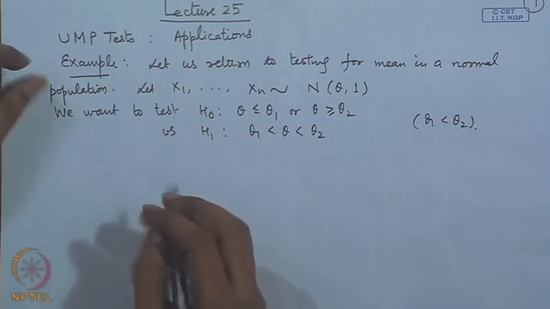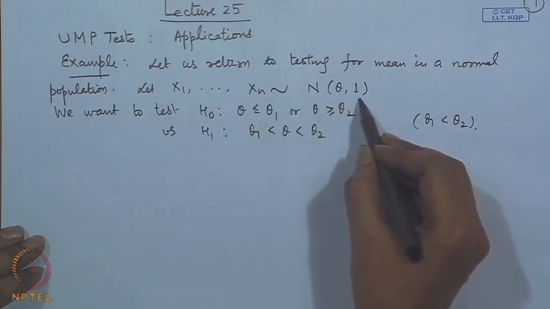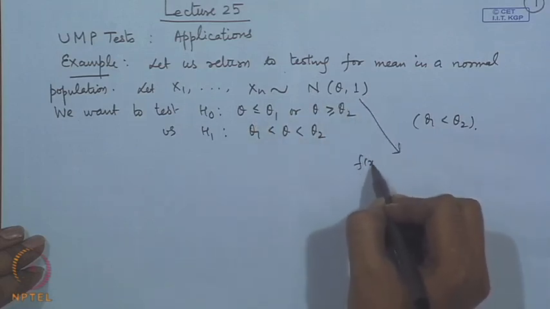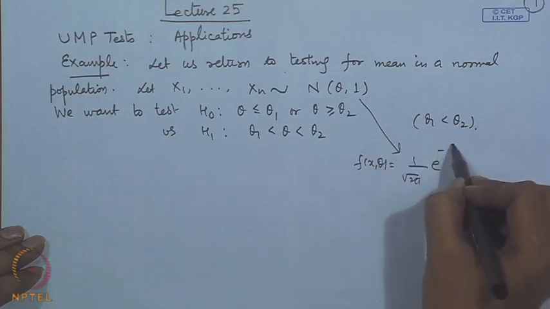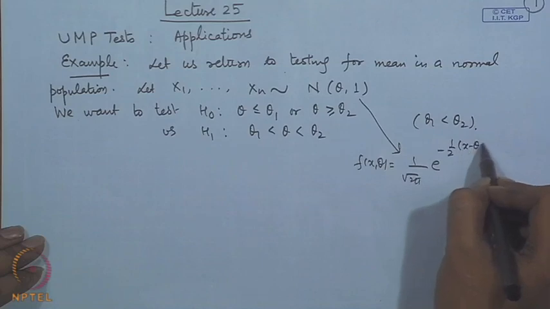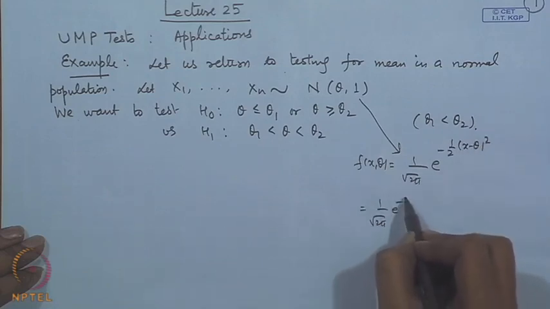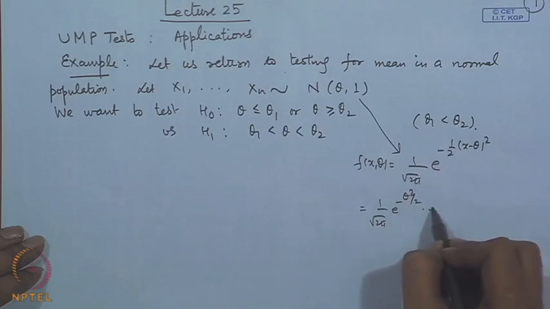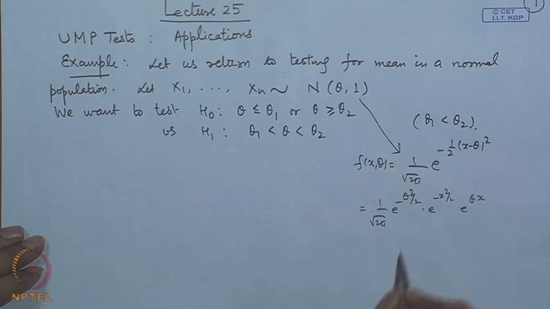So, in the previous class I have given the theorem. Here we have a one parameter exponential family. If we write down the distribution, it is 1 by root 2 pi e to the power minus half x minus theta square, that is equal to 1 by root 2 pi e to the power minus theta square by 2, e to the power minus x square by 2, e to the power theta x.